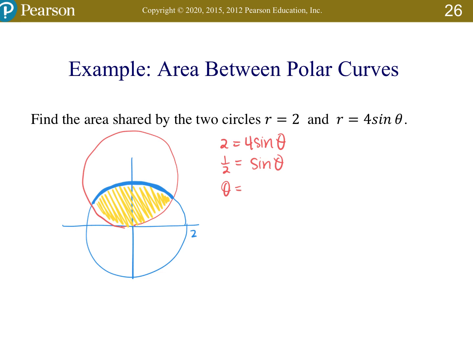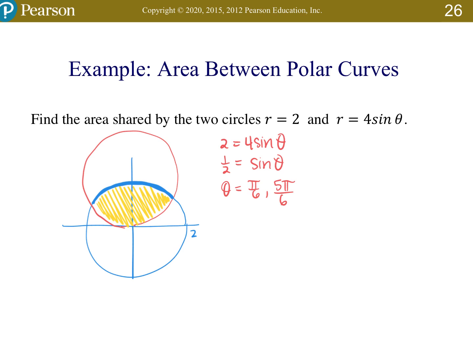And I know all the places where sine theta equals 1/2. The first time that sine theta equals 1/2 is pi sixths. The next time is 5 pi 6. So my boundaries are pi 6 to 5 pi 6.